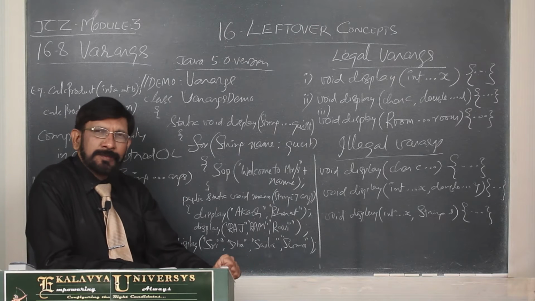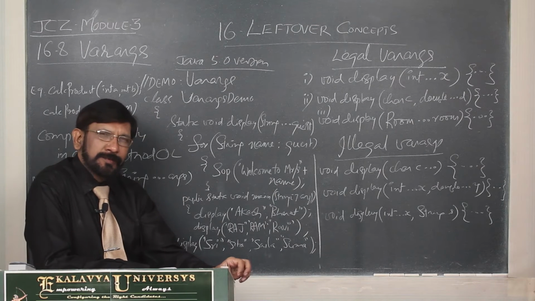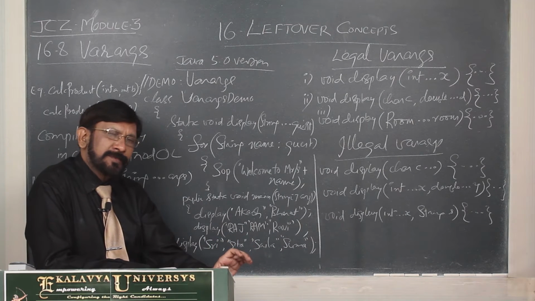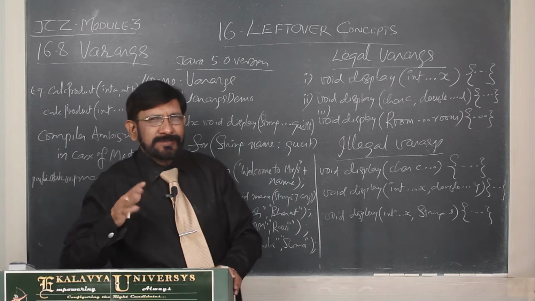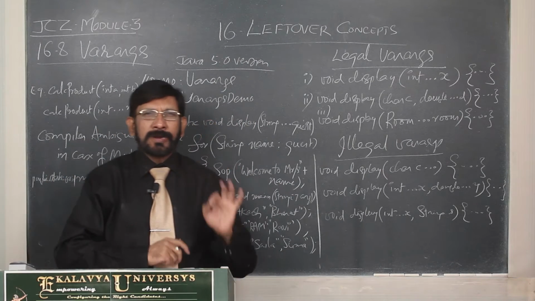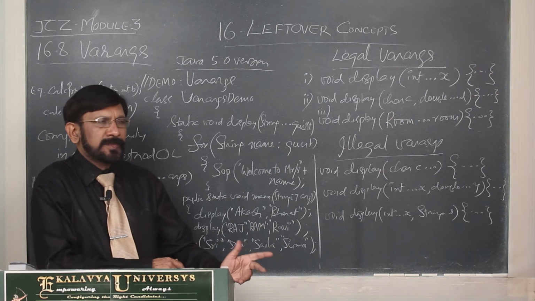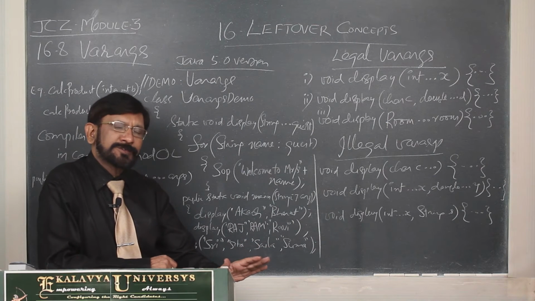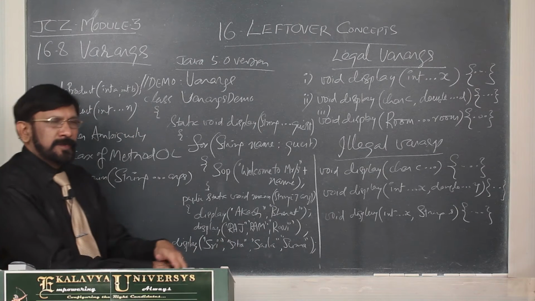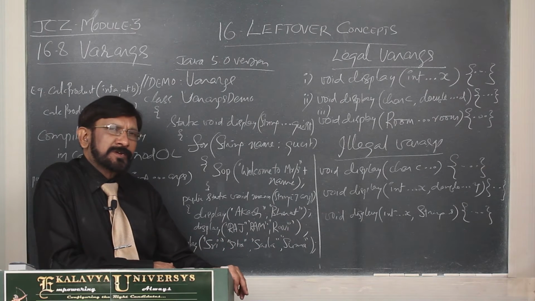Somebody calls it variable arguments. Somebody calls it variable arity parameters. All these names refer to Varargs only. Don't be confused by the name. The popular name is Varargs or variable length argument list. Okay, now let us see what is the importance and functionality of that.